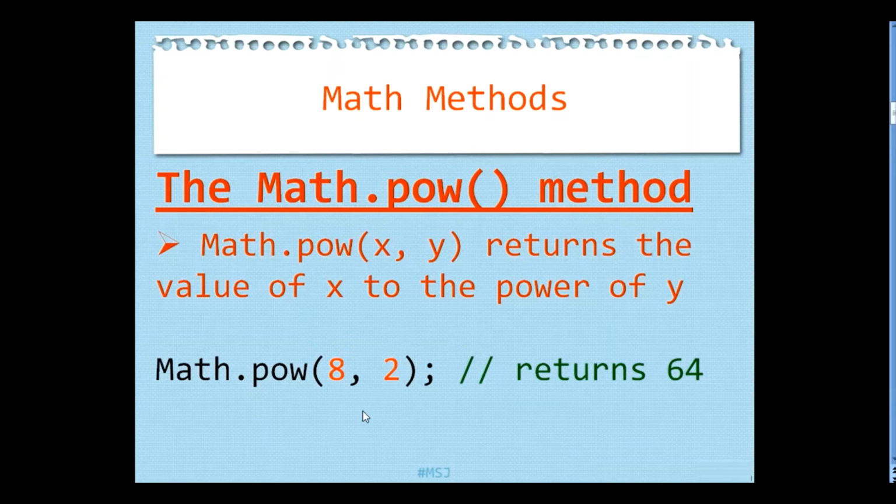So 8 square. This method returns the value of 8 square, 8 to the power of 2. Now 8 square is 64. Now let us try to compile and run this program by using pow.